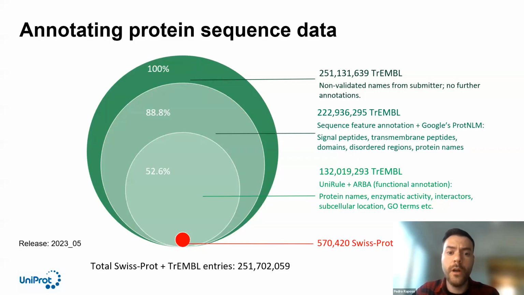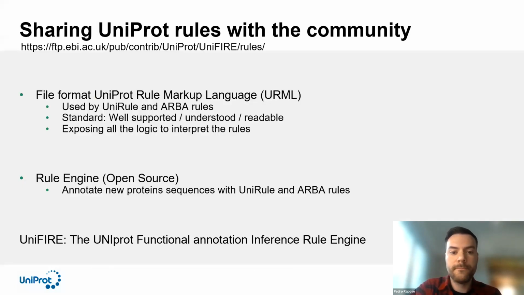And if we take into account all of our automatic annotation systems, we can cover 89% of TrEMBL. So this would be 222 million. As we can see, our automatic annotation tools are crucial to propagate information and to provide you the latest data that we have, not only for SwissProt, but also for TrEMBL.